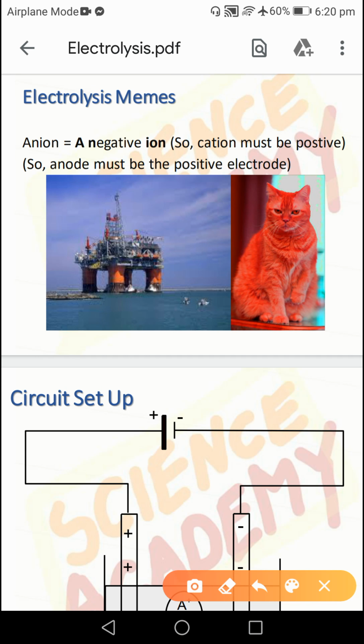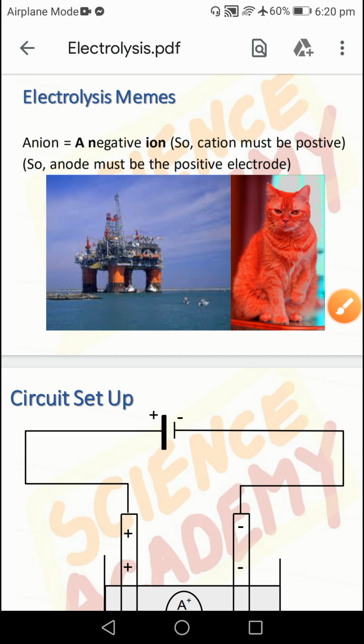Before going into further details of electrolysis, we need to know about some terms. First of all, anion. You can visualize or symbolize the term anion in the following way.